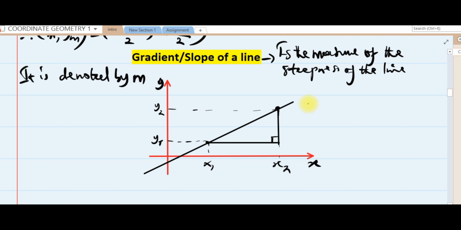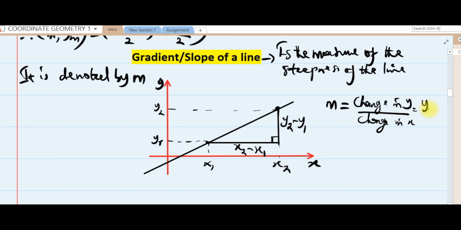So the measure here is y2 minus y1, and here is x2 minus x1. So we are saying the slope of this line, m, is always the change in y over the change in x, which is y2 minus y1 over x2 minus x1.